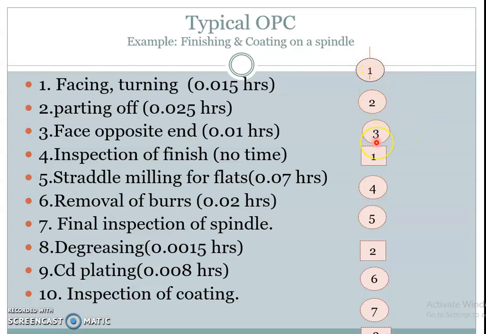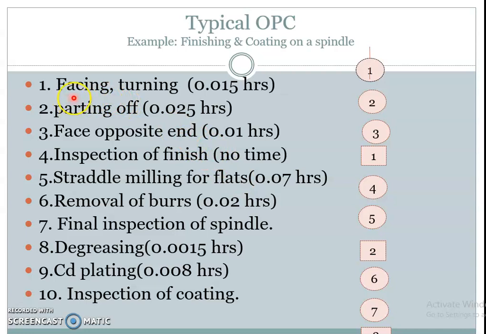Here a simple schematic is shown, but the time or description is not written, so you can write it here for this example. There are 10 major operations which are to be performed. Some of them have been mentioned with time, some are not on the time scale.